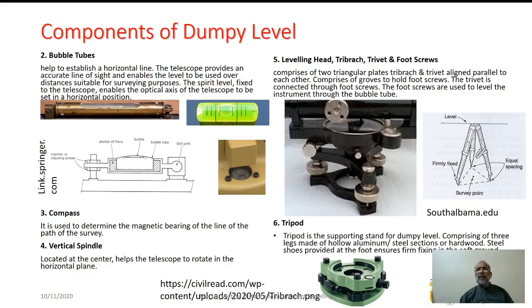The lower portion shows the arrangement of leveling screws. Here you can see the clamping screw and tangential screw in order to have the smaller movements of this particular telescope. This is the tripod, and there is a variety of tripods. Here you can see the lowermost portion that is provided in order to assemble the upper body of the level.